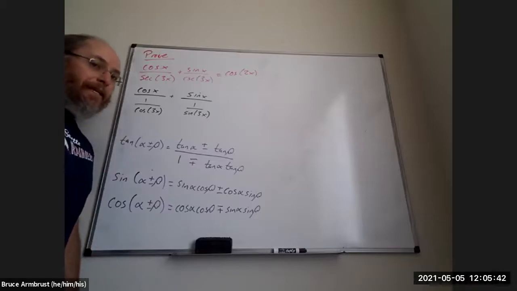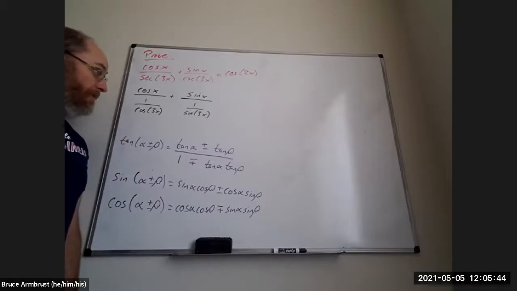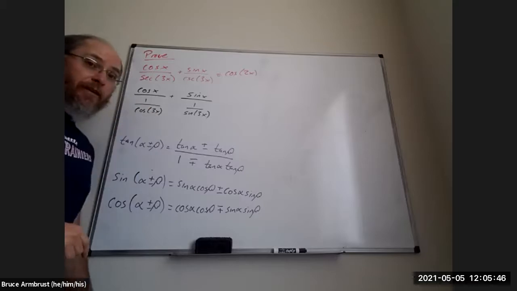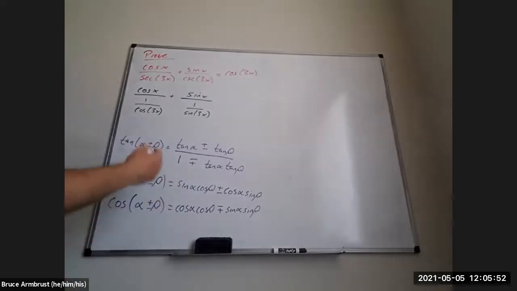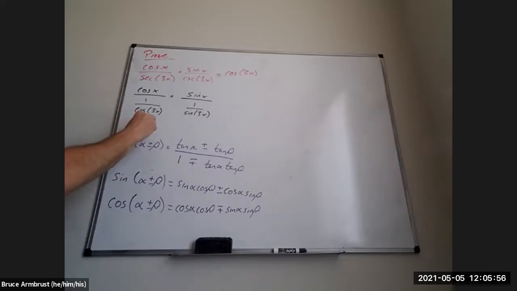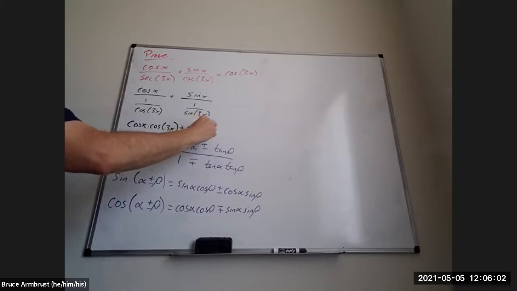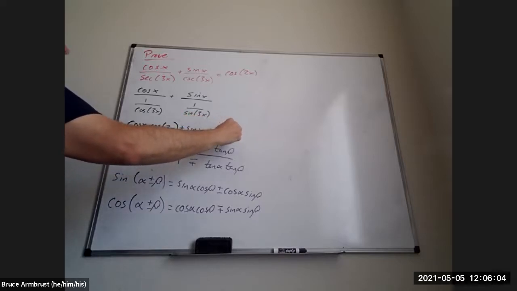Now, since I'm dividing by a fraction, I'm going to flip them over and multiply. That gives me cosine of x times cosine of 3x plus sine of x times sine of 3x.